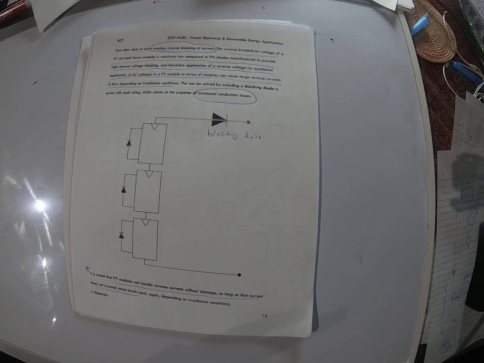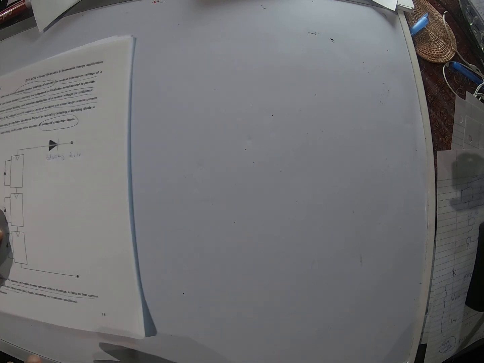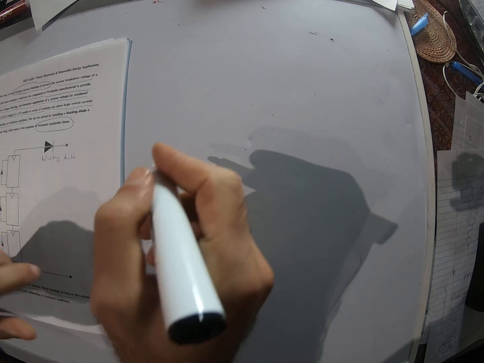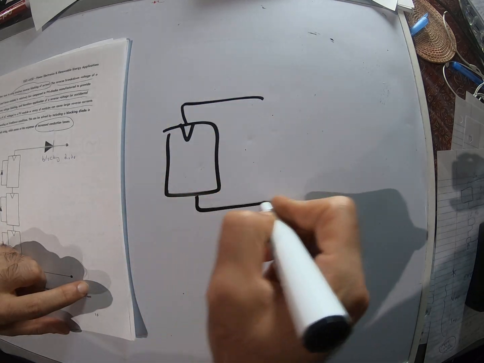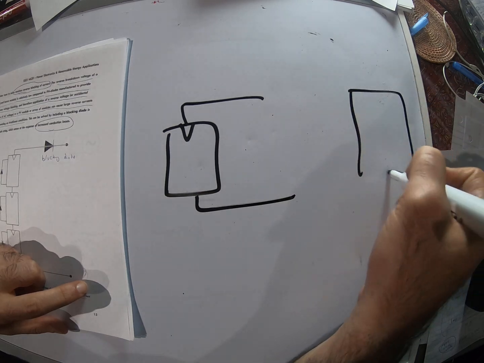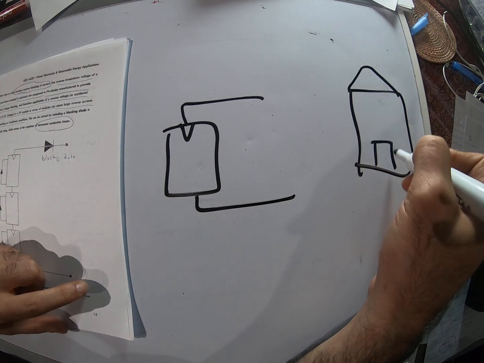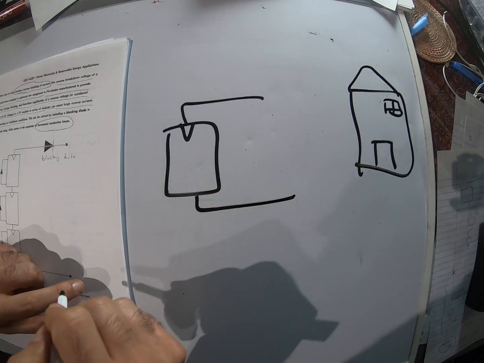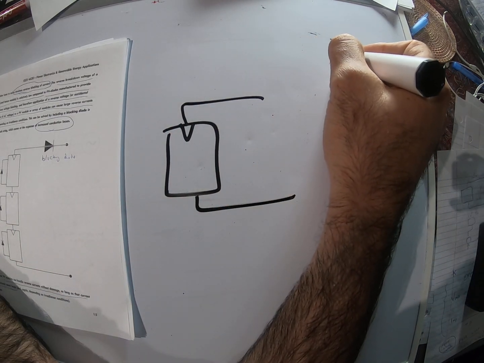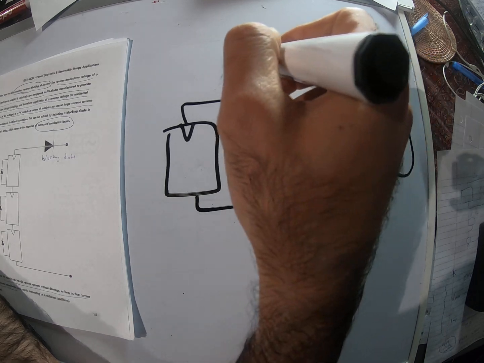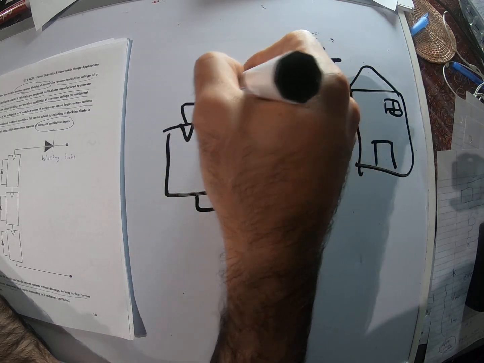We also have a case where our solar cell or solar panel is connected to a load, let's say a house again. In this case, we don't want the flow of water, the flow of power, to be this way. We only want the power going in this direction.